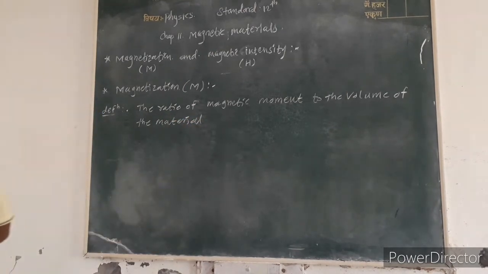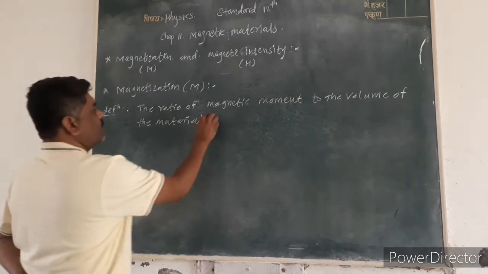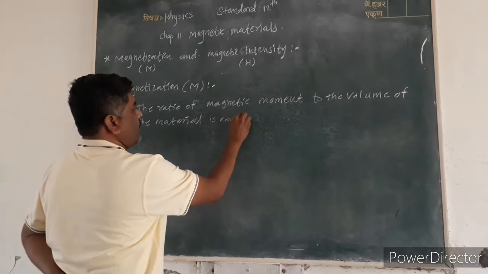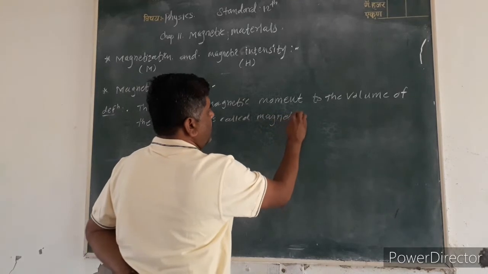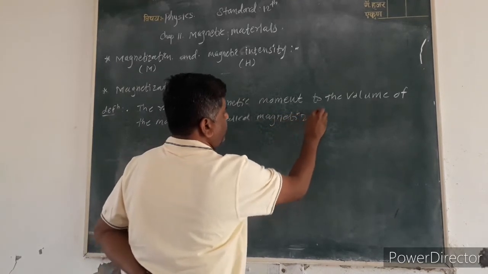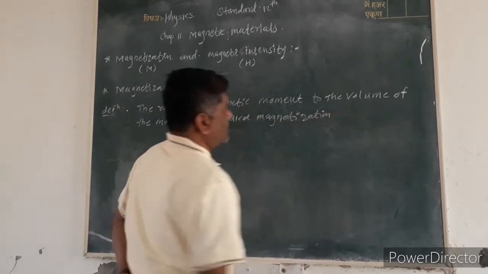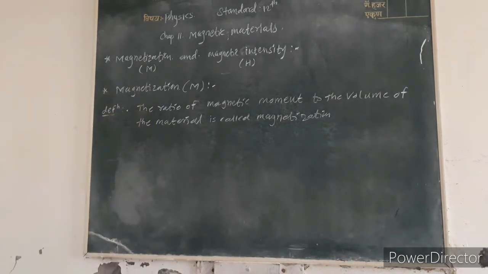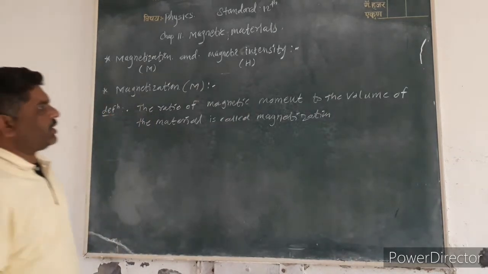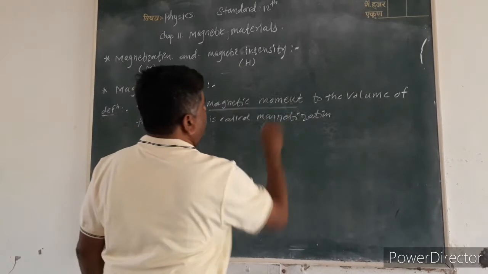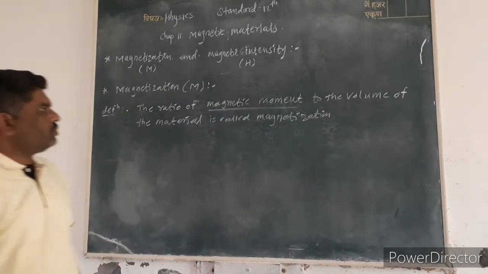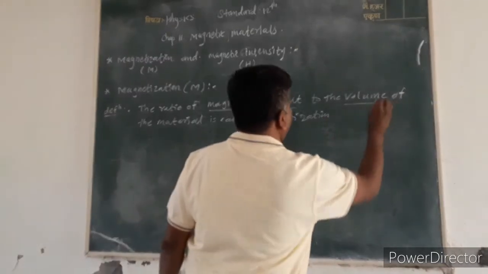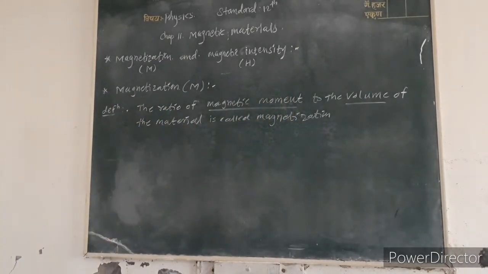This is called magnetization: the ratio of magnetic moment or net magnetic moment to the volume of the given material.